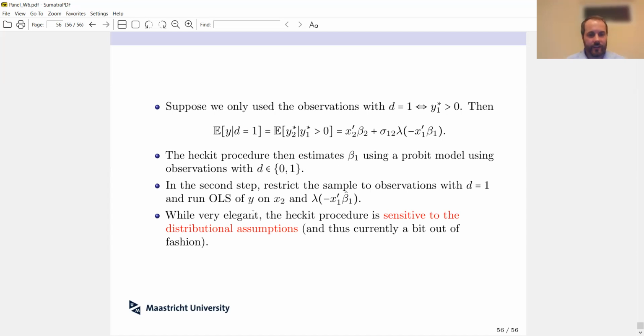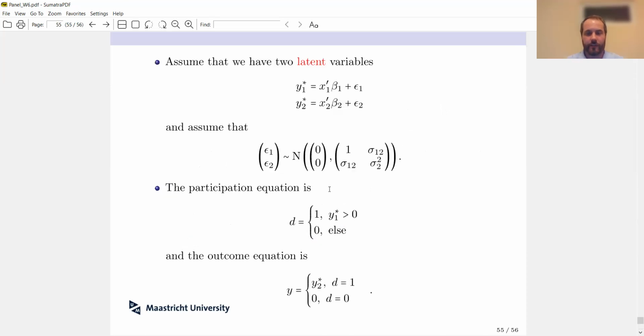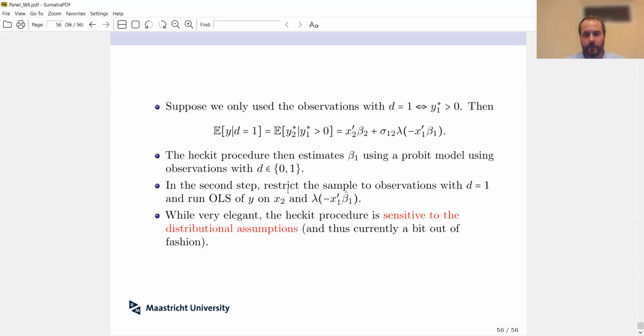So again, this is a very elegant method. However, as we discussed, this procedure is pretty sensitive to the distributional assumption. So for instance, if this normality doesn't hold, then you get biases. In particular, this inverse Mills ratio is pretty sensitive.